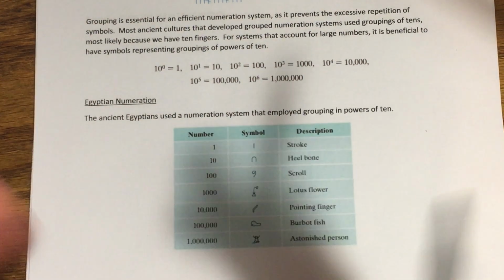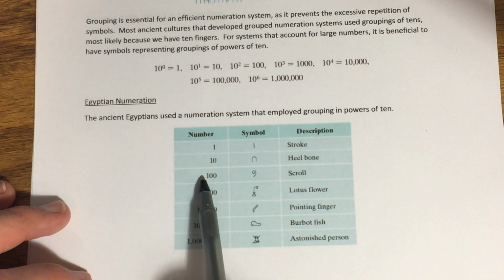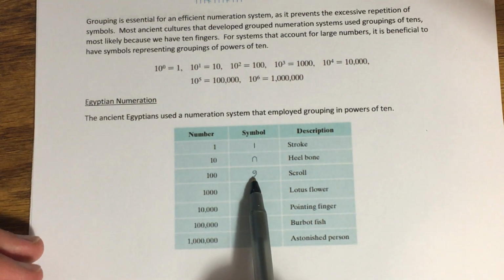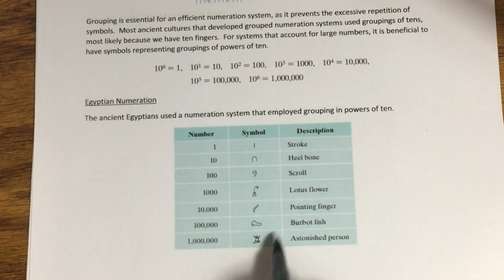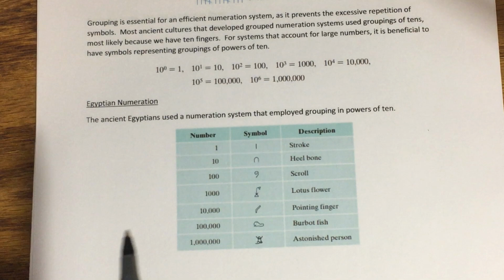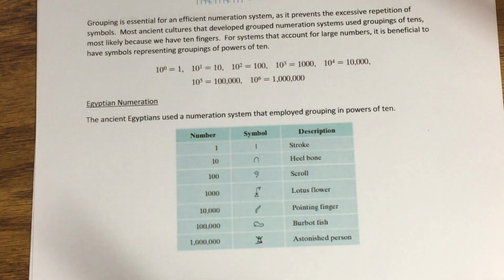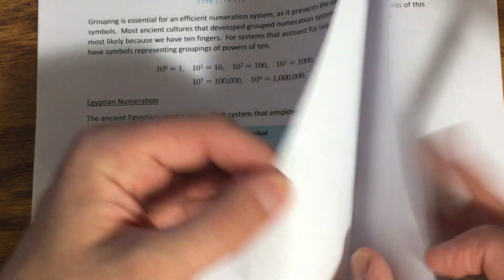Okay, so those symbols represent those powers of 10. But what if you want to write a number like, say, 300? Well, you would draw out 3 scrolls, 3 separate scrolls. So oftentimes we have these symbols written several times to represent different groupings of these powers of 10.